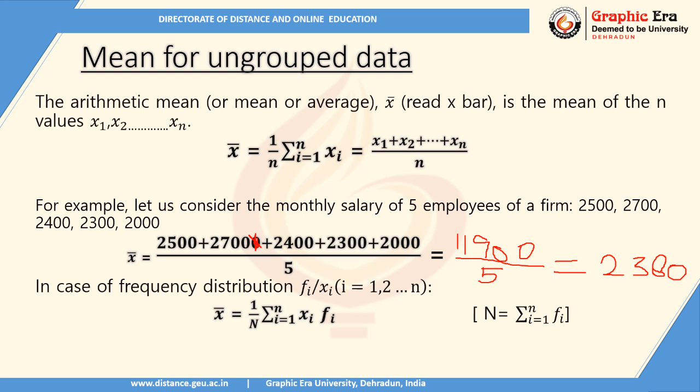So this is the average income of these 5 employees of a firm. So I hope you understand this particular example.